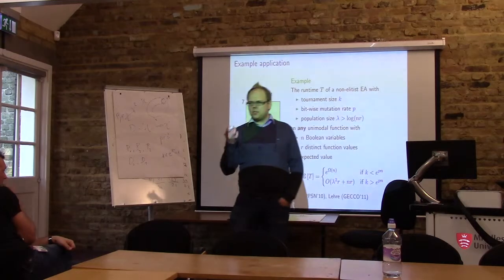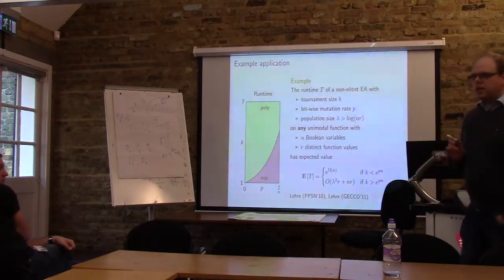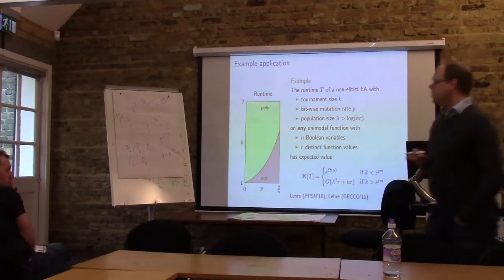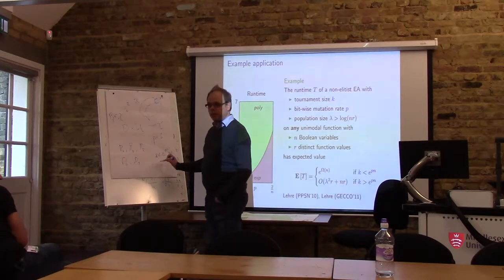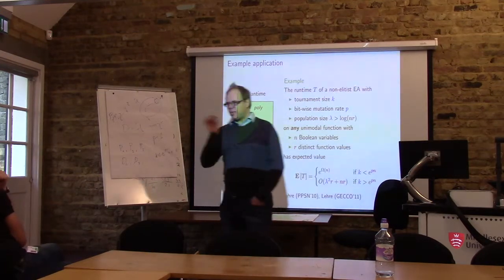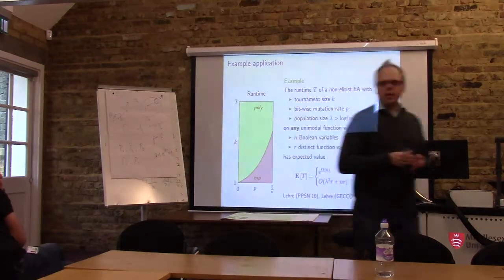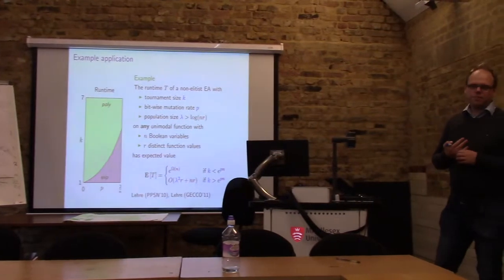So if your tournament size is 2, and you use standard bitwise mutation probability 1 over n, you have exponential runtime. However, if you increase the tournament size to 3, it's fine, because 3 is larger than e. So just by changing the parameters slightly, you can go from exponential to polynomial runtime.